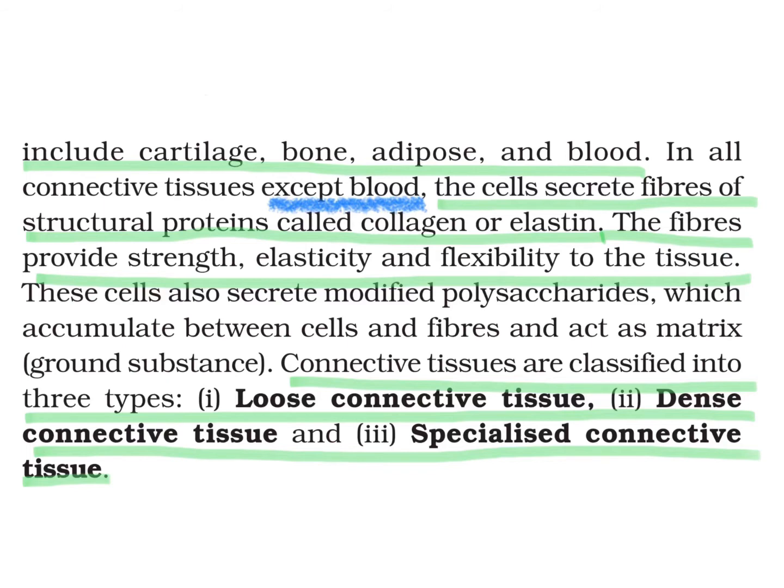The main function of connective tissue is linking and supporting other tissues or organs of the body. Some examples are given here. They include cartilage, bone, adipose as well as blood, as I have said earlier. Connective tissues are classified into three different types: loose connective tissue, dense connective tissue and specialized connective tissue.